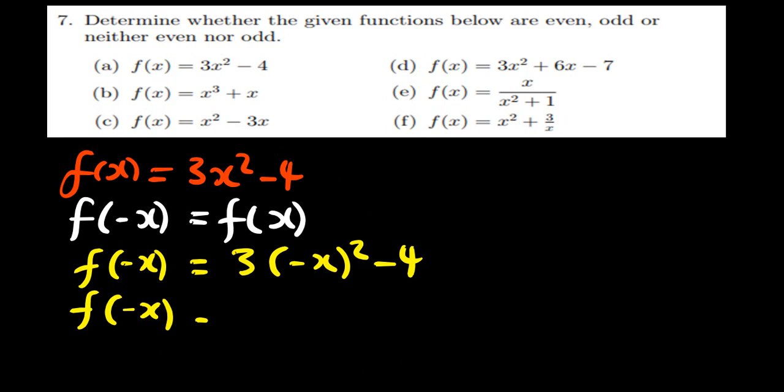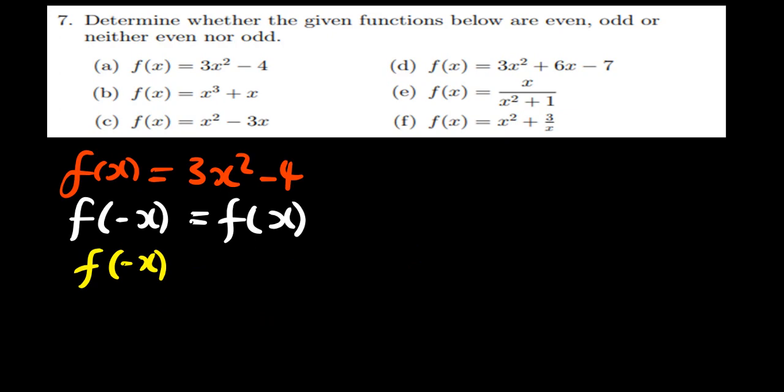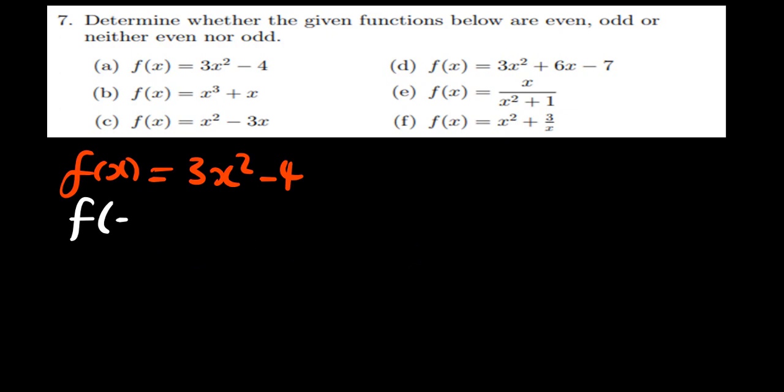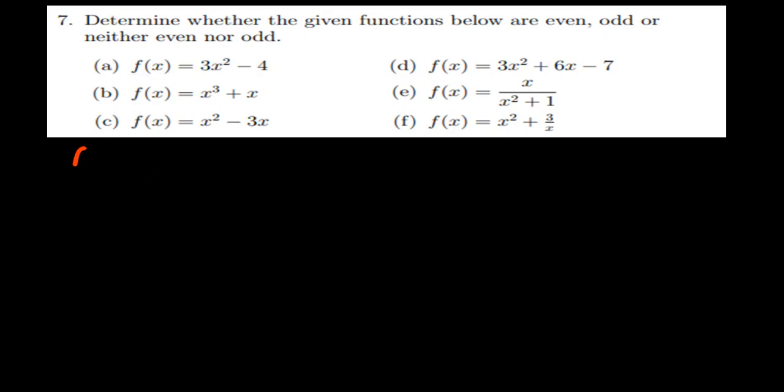Then the common one that they can give you, let me solve that one. Those are the ones they like bringing in quizzes to see if you understood the concept. So f of x is equal to x squared plus 3 over x. What are you going to do?